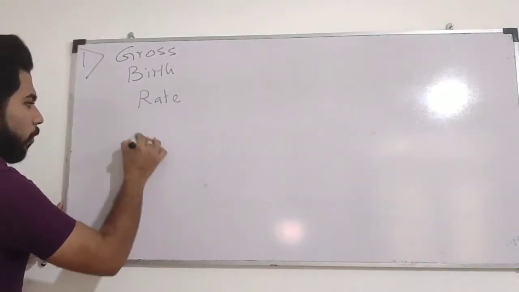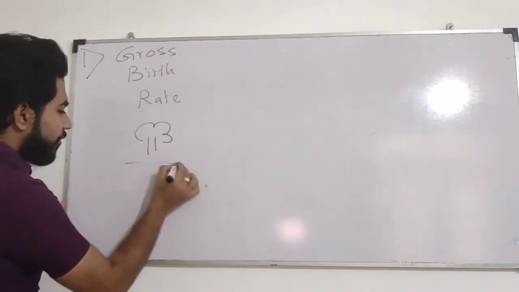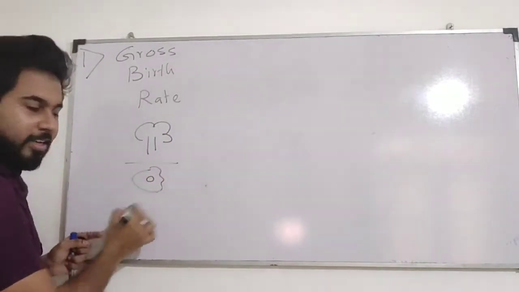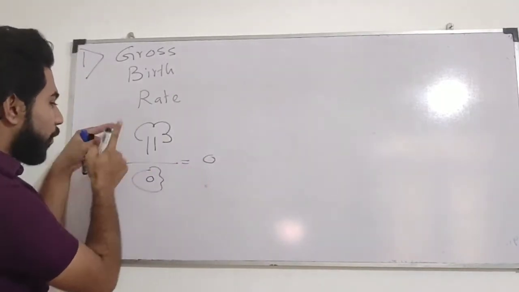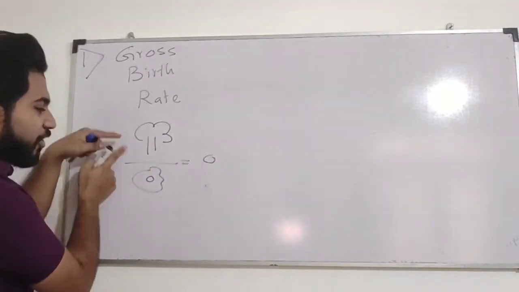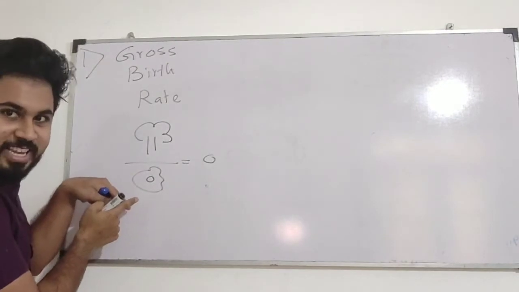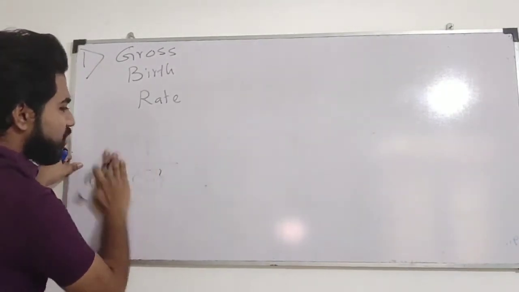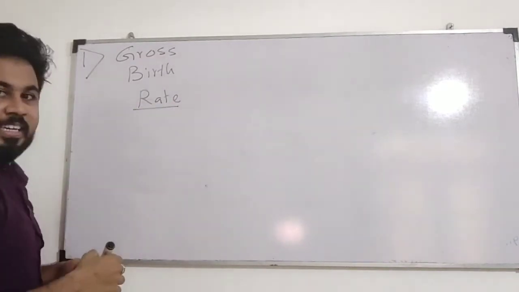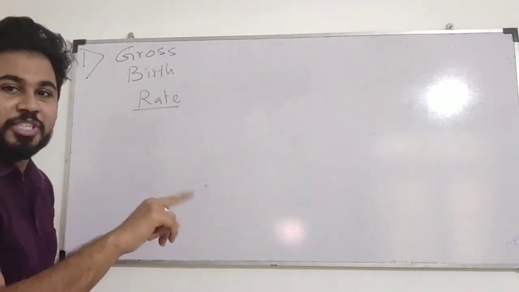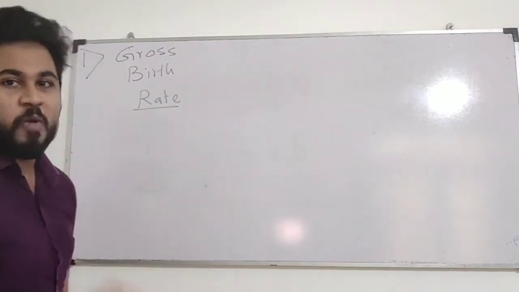Example, suppose this is a tree, and tree divided by flower, then say the answer is seed. Then seed is the ratio between what? Tree and flower. So it is very clear that rate or ratio is standing for a ratio between what? Two values.